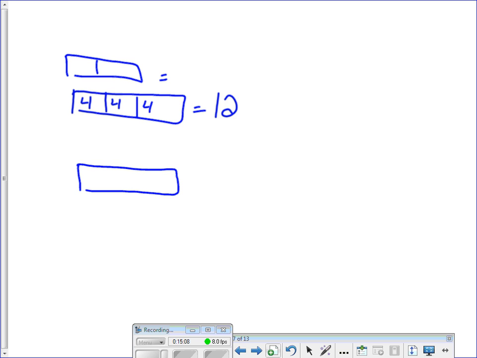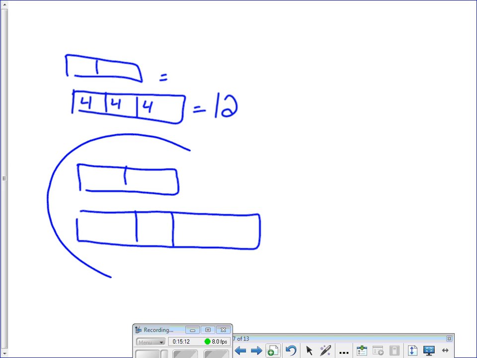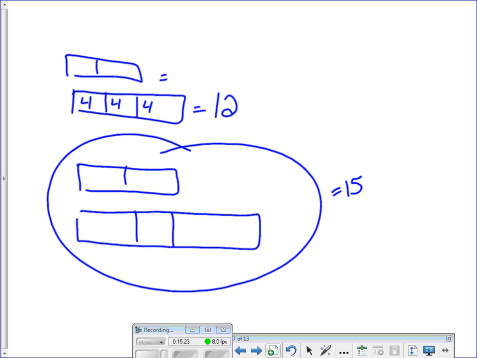The second tape diagram we looked at, we had the total, which was 5, and we knew that the total equaled 15. So if the total equaled 15, what was each box worth? 3. Okay? So we looked at using the tape diagrams 2 different ways so far. We're going to look at another way.